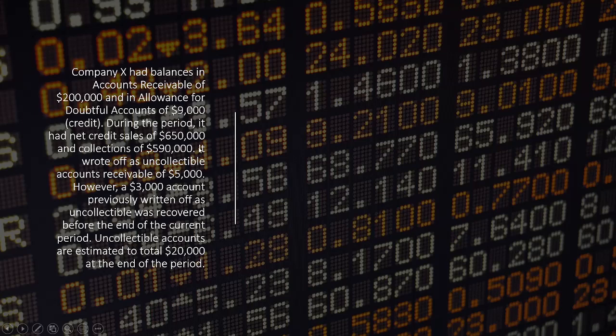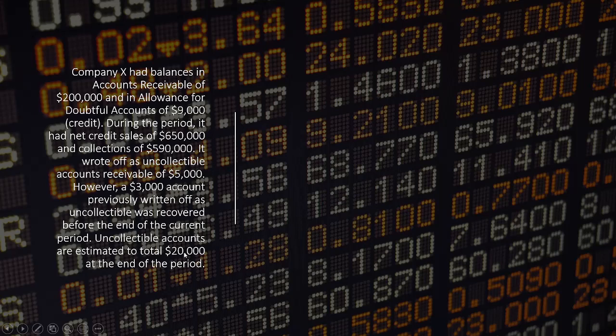It wrote off uncollectible accounts receivable of $5,000. However, a $3,000 account previously written off as uncollectible was recovered before the end of the current period. Uncollectible accounts are estimated to total $20,000 at the end of the period.